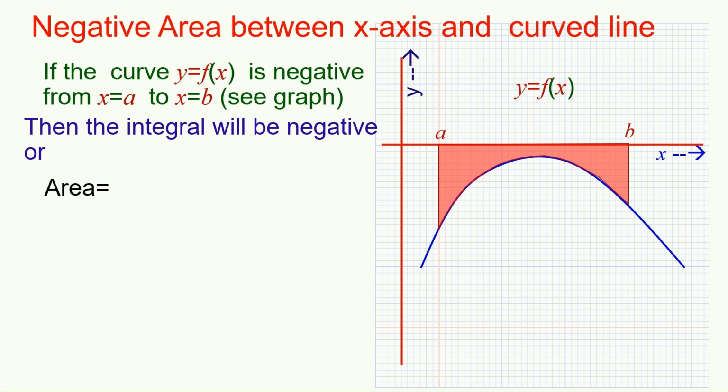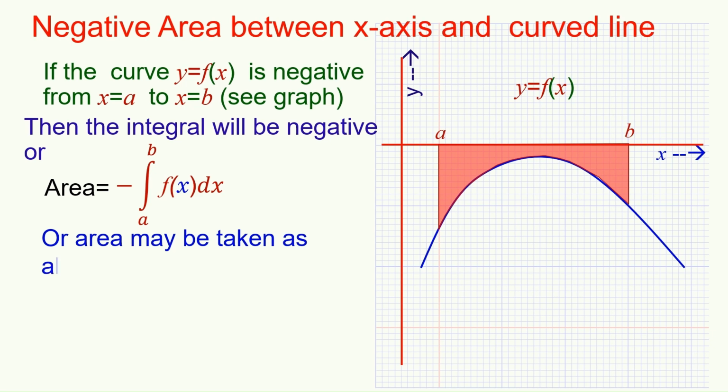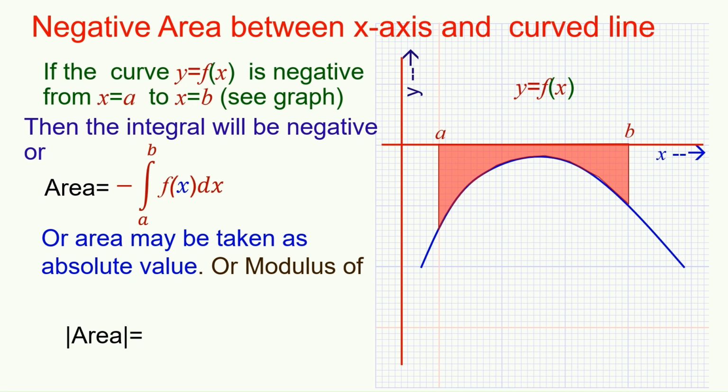Or area equals minus the definite integral of f(x) with respect to x from a to b. Or area may be taken as the absolute value, or modulus, of the definite integral of f(x) with respect to x from a to b.